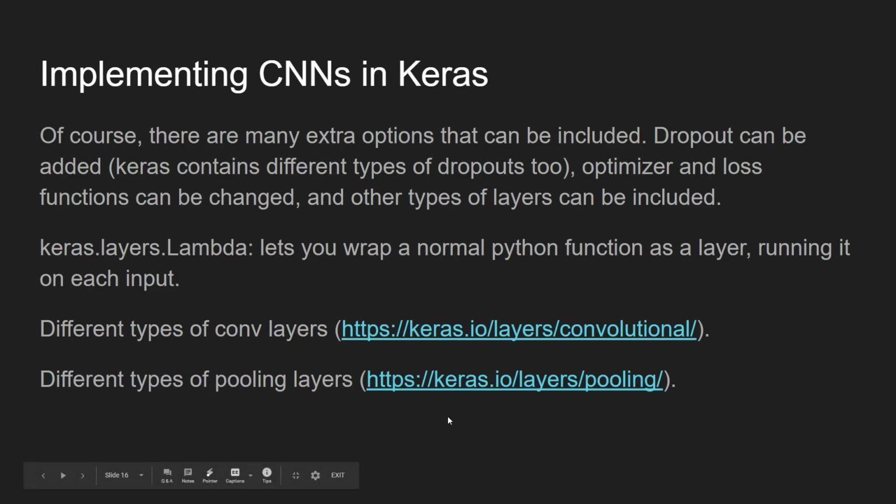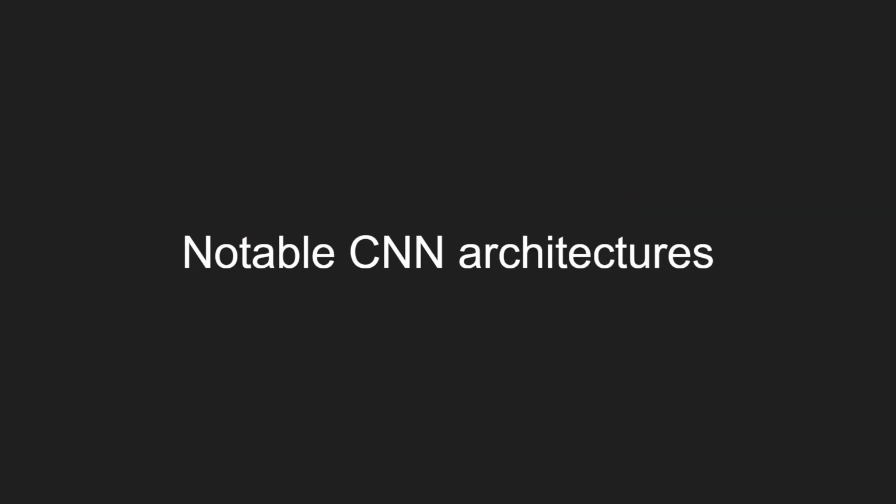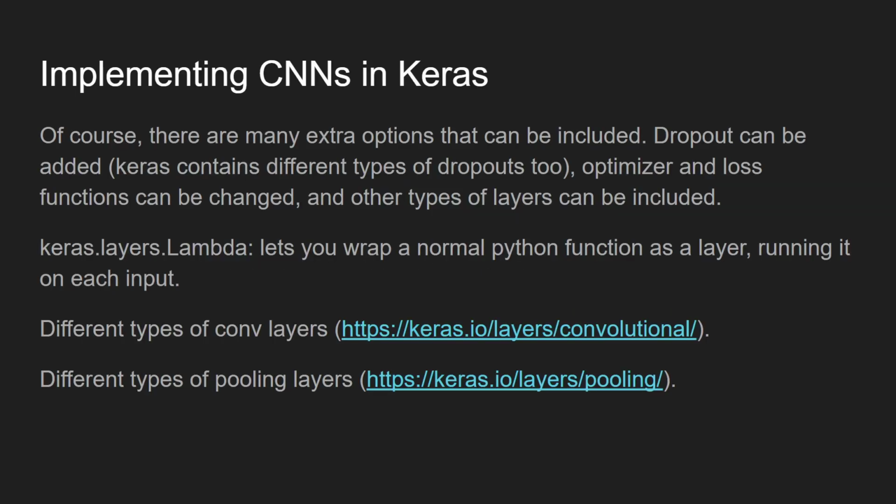And you can even use this lambda here to wrap a normal Python function as a layer and treat it like a layer, which can be fun for doing various internal calculations. Often certain types of weird custom types of normalization. But yeah, that's about it for implementing CNNs.